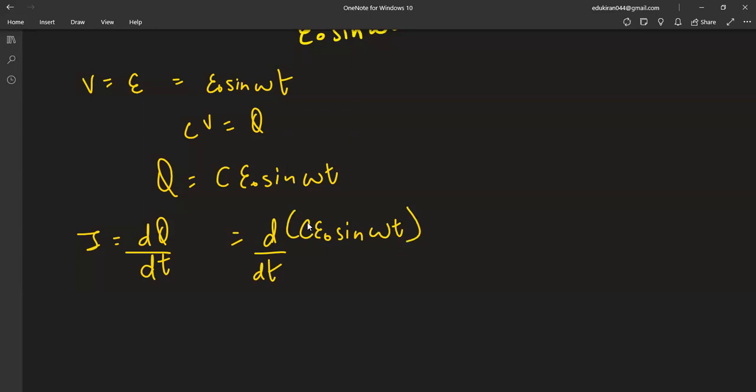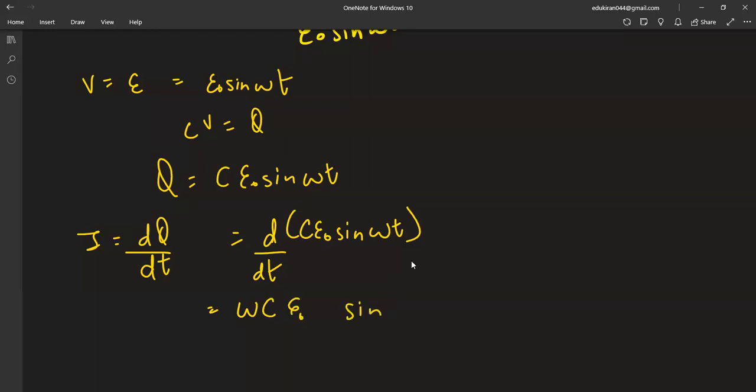Fine? Now see, again, coming back to the derivation. C epsilon naught sine omega t. When you're having this as constant, I have told you, differentiation of sine omega t will give you omega sine omega t back, right? So if you have omega sine omega t, this becomes omega C epsilon naught sine.